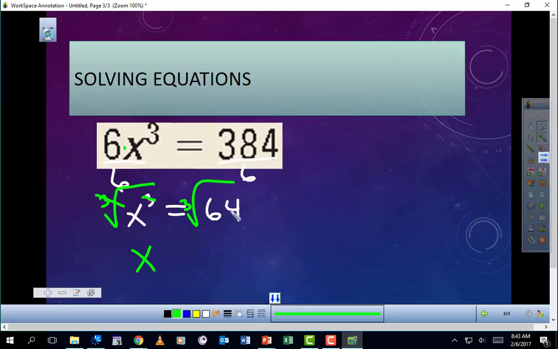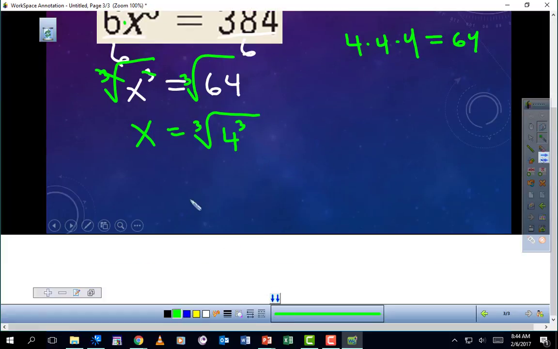Now the cube root of 64, we're looking for a number that would be cubed that would cancel that. And hopefully you could quickly tell that this is going to be 4 times 4 times 4, which is equal to 64. Okay, so then we could write this as the cube root of 4 cubed. And of course, in this case, the cube and the cube root cancel. And so you get x is equal to 4.